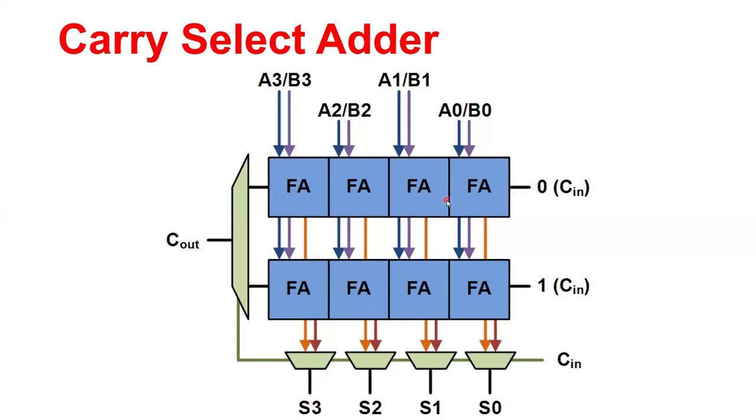Similarly at other stages, if the intermediate carry has not been generated, it means your sum lines are already available. These orange lines are already available, and they are selected because we now understand that the carry did not generate internally.